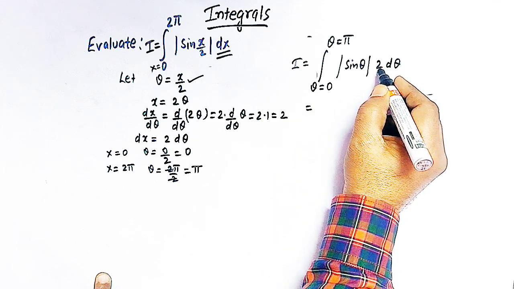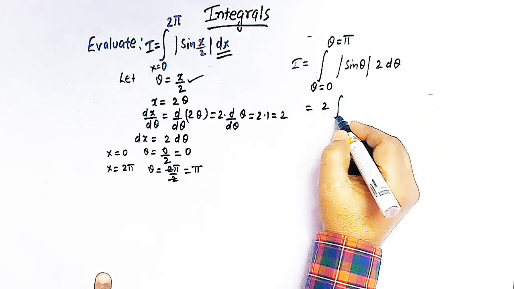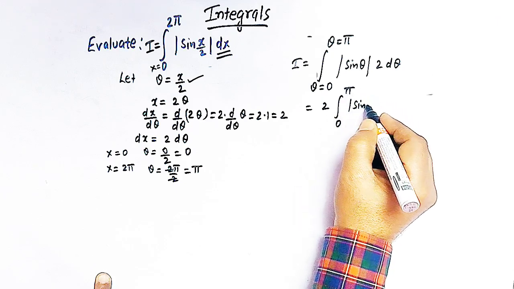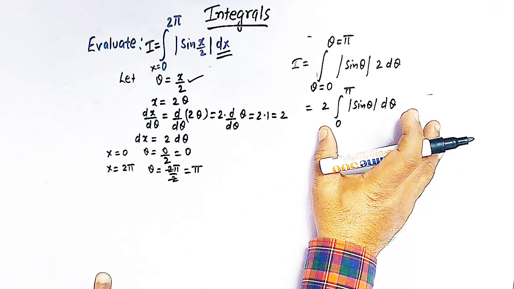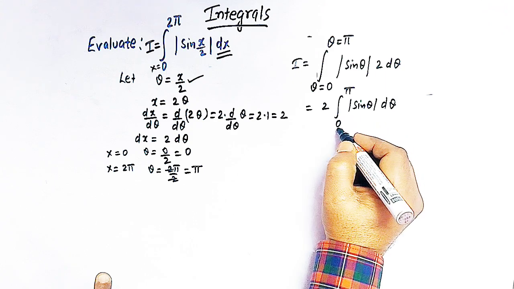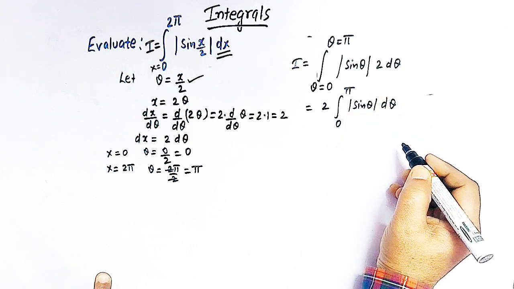Now we can take this 2 outside this integral sign, so we have 2 times the integral from 0 to pi of mod of sine theta d theta. So now we have to evaluate this integral. And here we can see that the value of theta goes from 0 to pi.